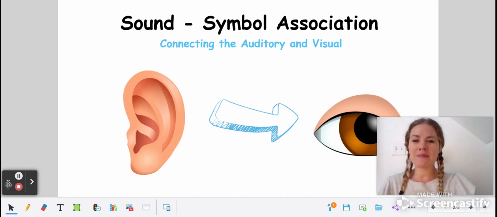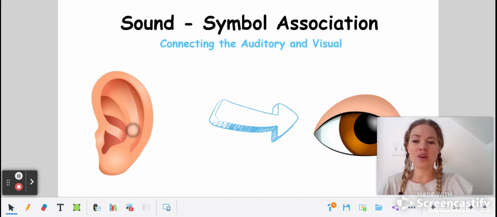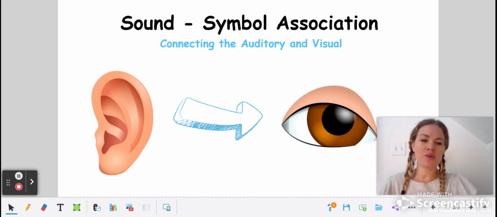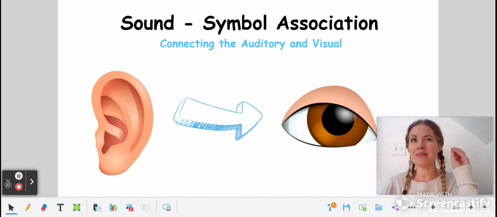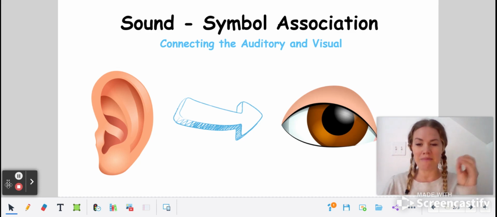So the first one I want to talk about is going from auditory to visual. Going from auditory to visual simply means that we are hearing something, and then we're trying to think of a symbol that we can make visual. We can show someone a symbol that makes that sound.